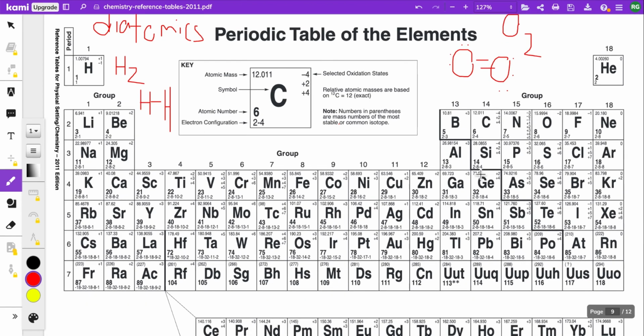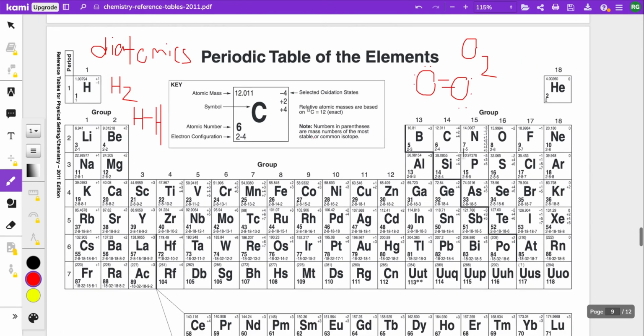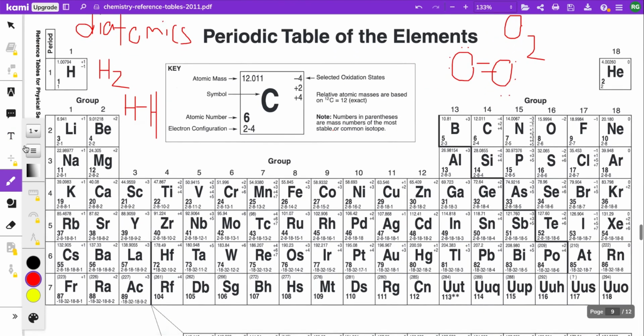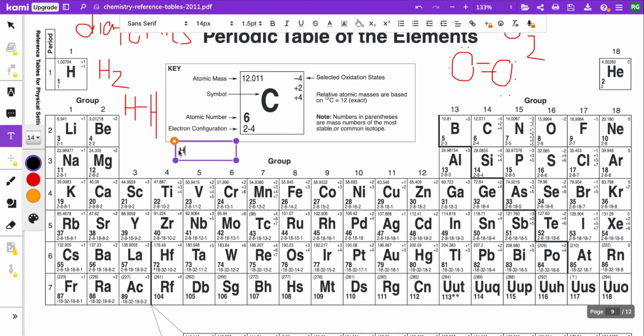And there are 7 diatomics you've got to know. And how I remember it is: have no fear of ice cold beer. Have, this represents hydrogen.